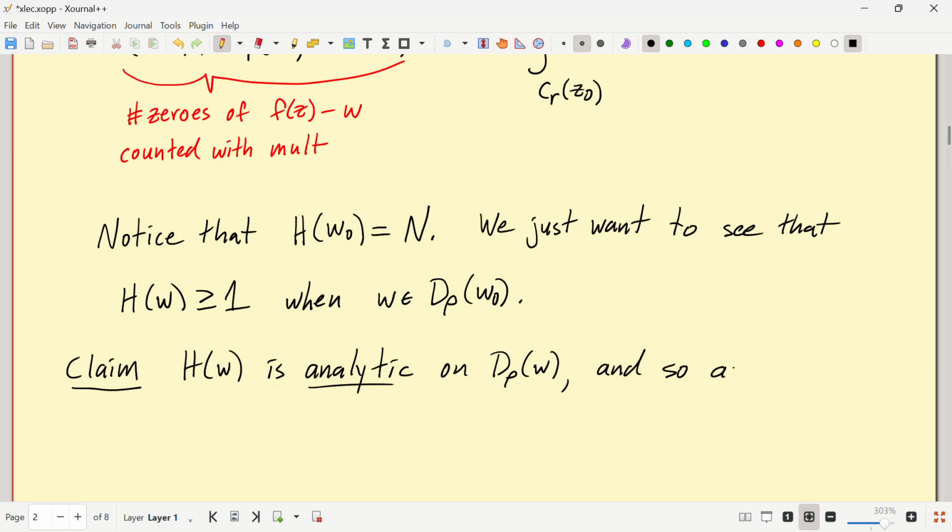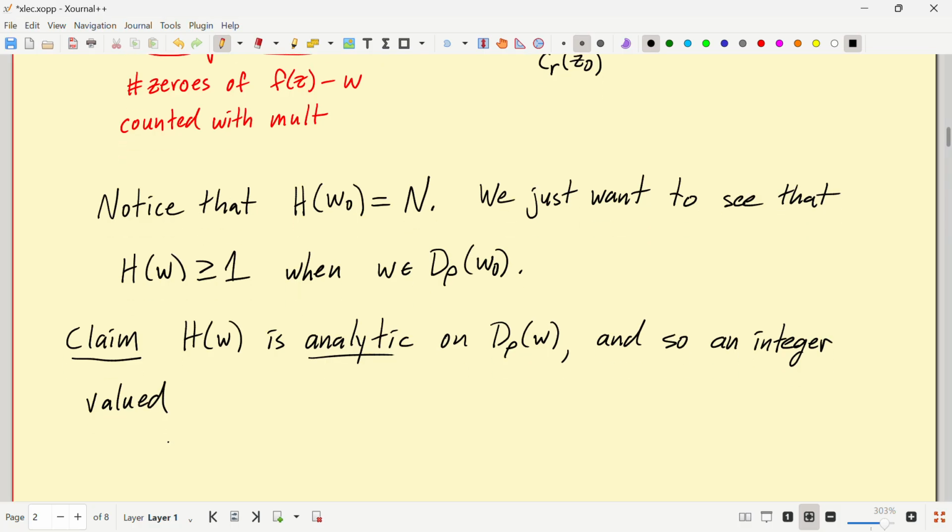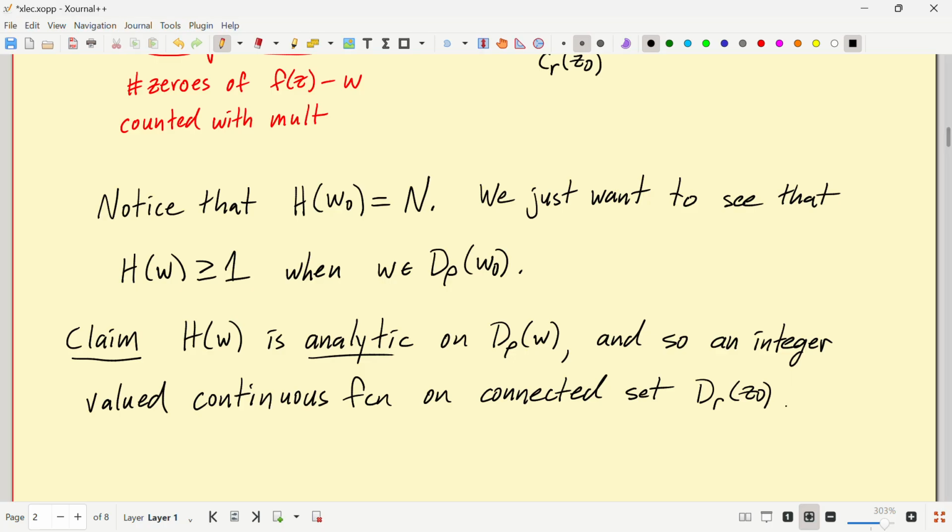So, in fact, it's an integer valued continuous function on a connected set, the disk of radius r about z naught. And so it's constant. That's a very elementary thing to prove.